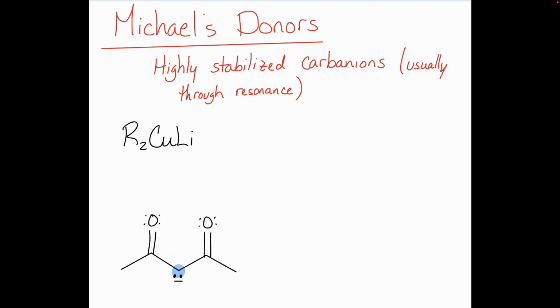All right, and so this is going to be a really common feature that we're going to see with our Michael's donors. They have an alpha carbon that's sandwiched between two electron withdrawing groups.